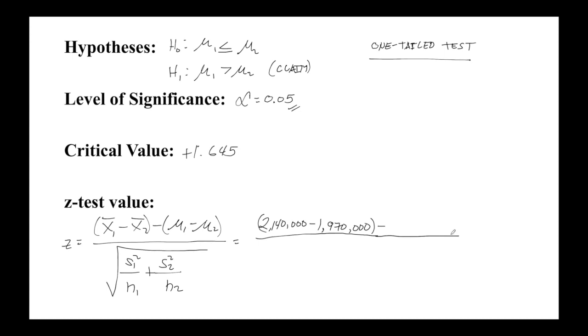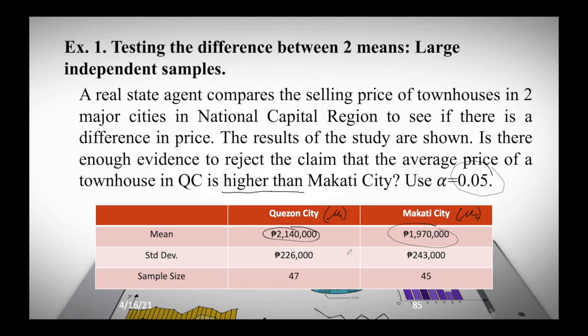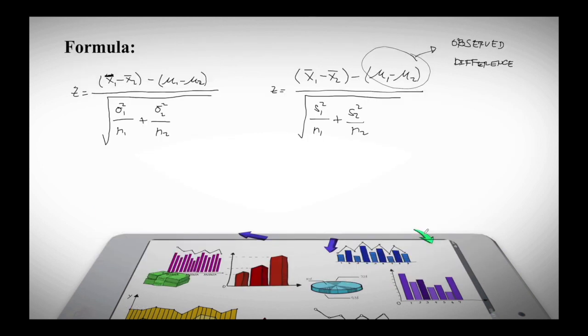Now, as you can see, guys, we don't have a value for mu, because we are only using the sample means. The population means, mu sub 1 and mu sub 2, represent an observed difference, and we don't have any observed difference right now since we are just trying to know if there is a significant difference between them, not whether one is higher or lower, or whether they are equal.